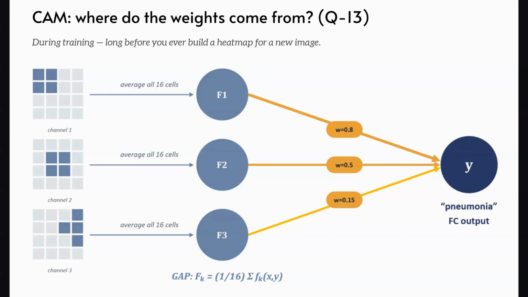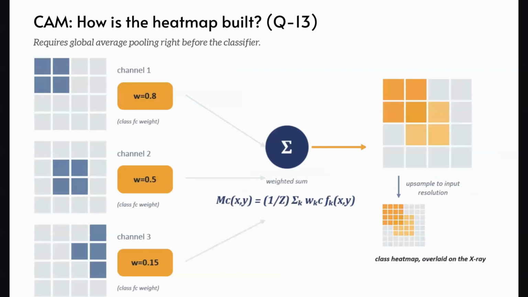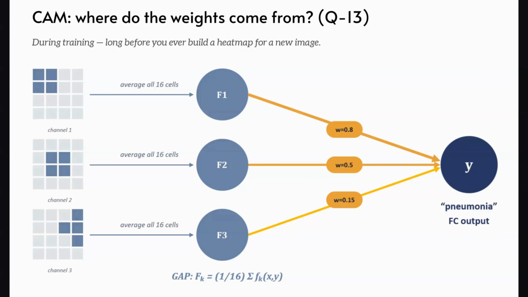What CAM requires is that between the convolution layers and the fully connected layer there has to be a global average pooling layer. It is needed because CAM needs particular weights, and how these weights are calculated is what we will see here. This happens during training: you need to get these weights during training, you cannot get them after training, well before the heat map is built.